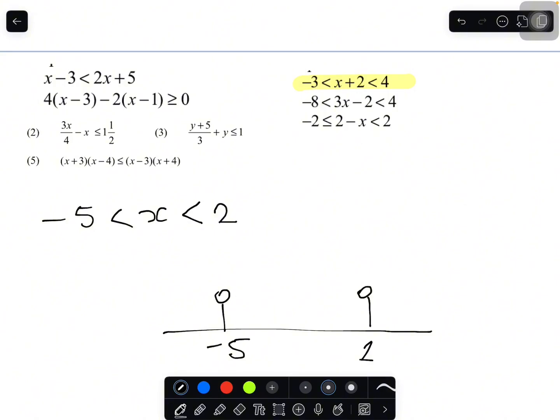If negative 5 is less than x, x is somewhere in this region right here, because this would be greater than negative 5. And then if x is less than 2, then x is also in this region right here. And because we can see it is in that region, we're going to just join this. So your final answer is going to look like this.